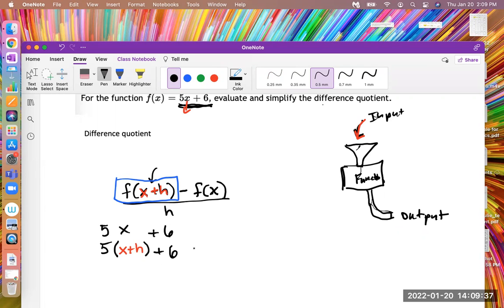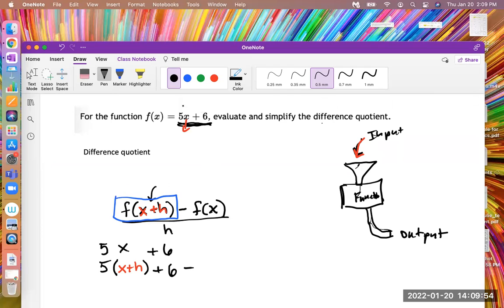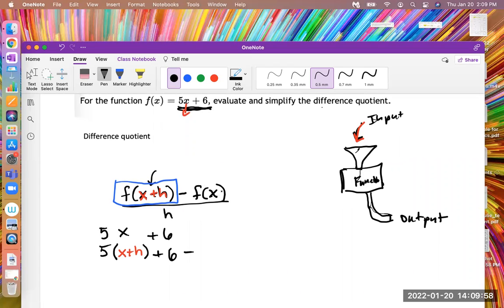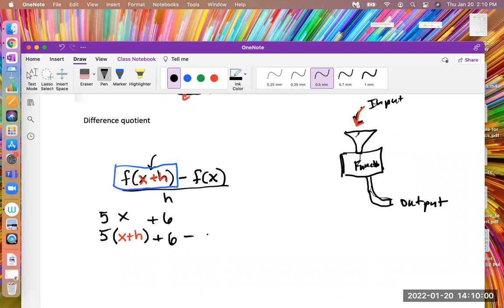Next, we have minus f of x, which is just the function evaluated at x. Just plug x in for x, but we already have an x where x is, so it's just the function itself. So we're just replacing f of x here with the other side of the equation, 5x plus 6.